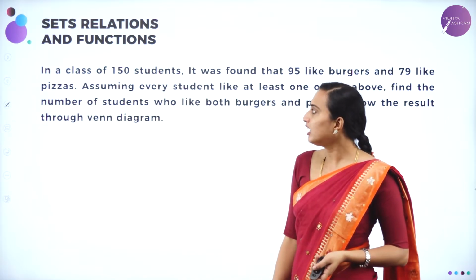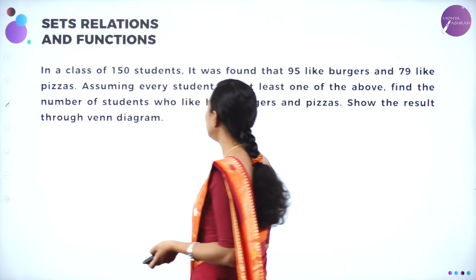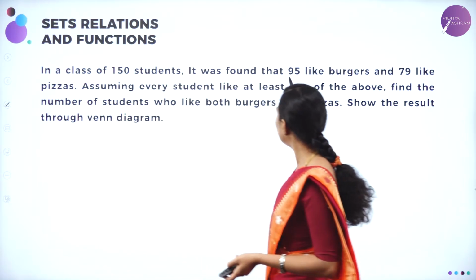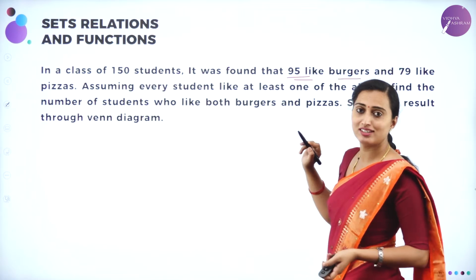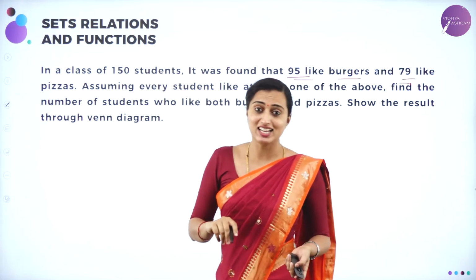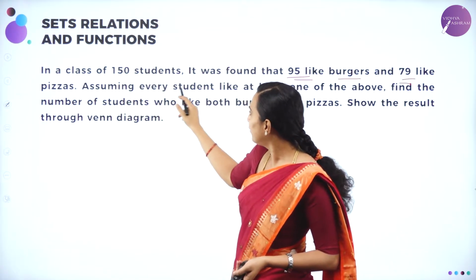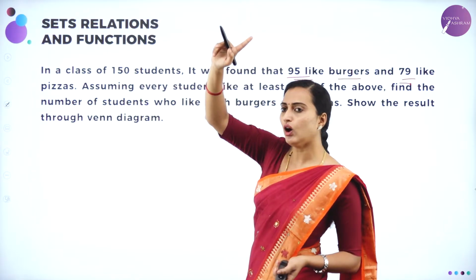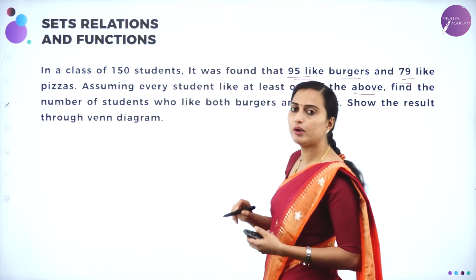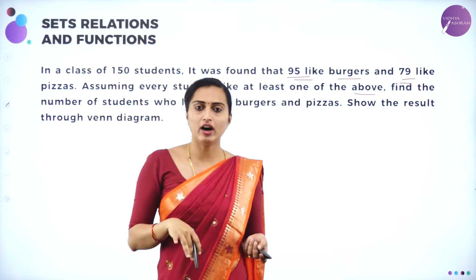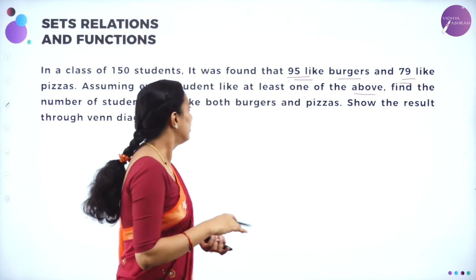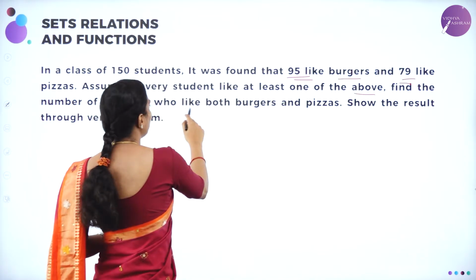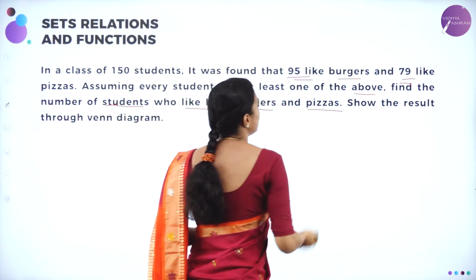In a class of 150 students, it was found that 95 like burgers, 79 like pizzas. Assuming every student likes at least one of the above, burger or pizza, find the number of students who like both burgers and pizza.